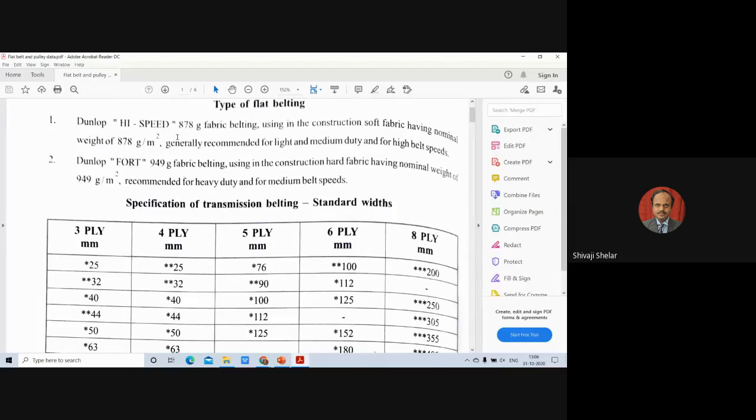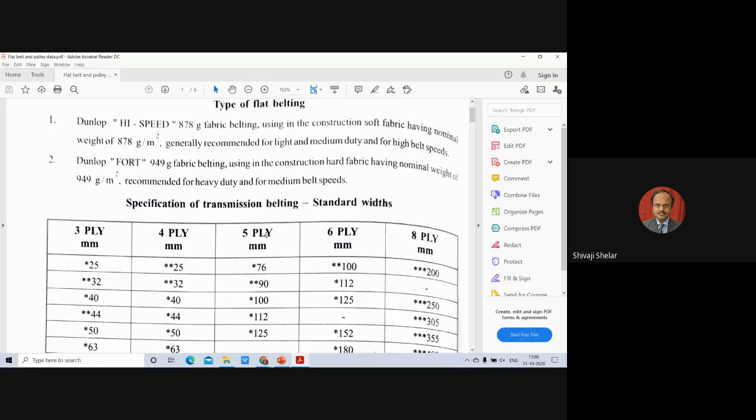One is high speed material and another is port material. So they will have density difference here, so weight difference here. So based on that, these materials will be used, and you can have 3-ply system, 4-ply system, 5-ply system, 6-ply system, or 8-ply system, and these they will have standard width. So these are the standard widths available for these ply systems here.